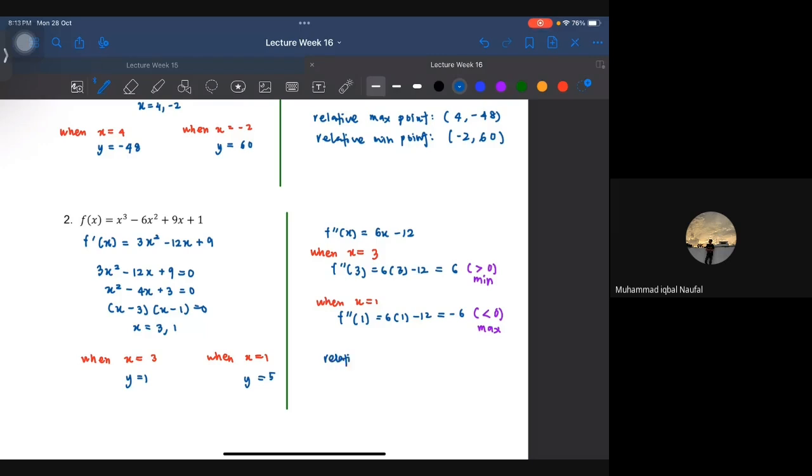Okay, so relative maximum point. Right, so relative maximum point is 1 and pasangan dia adalah 5. Okay, and then we have relative minimum point.